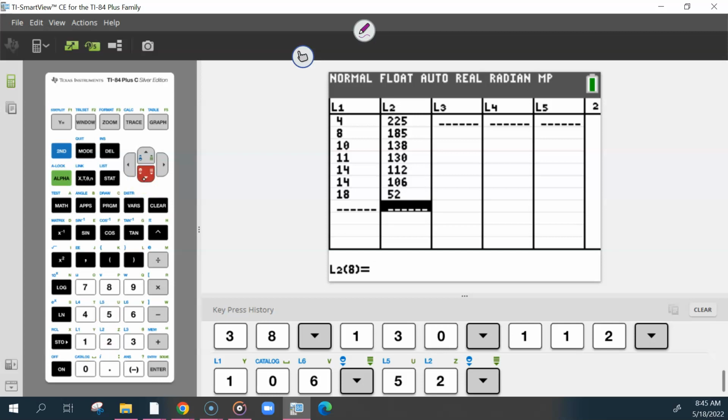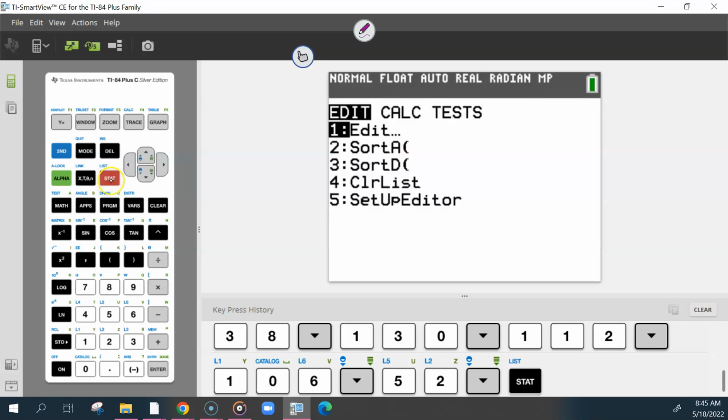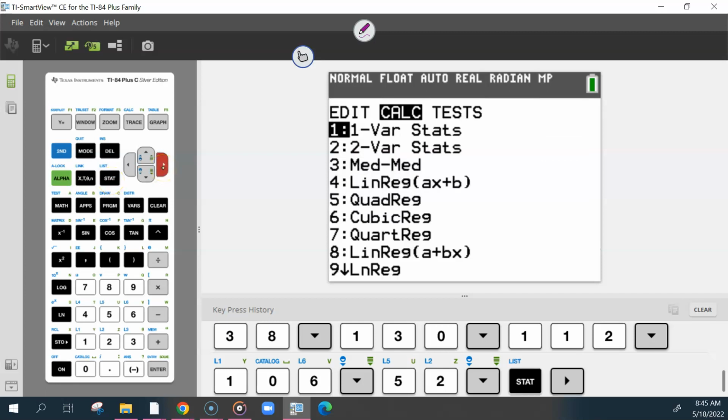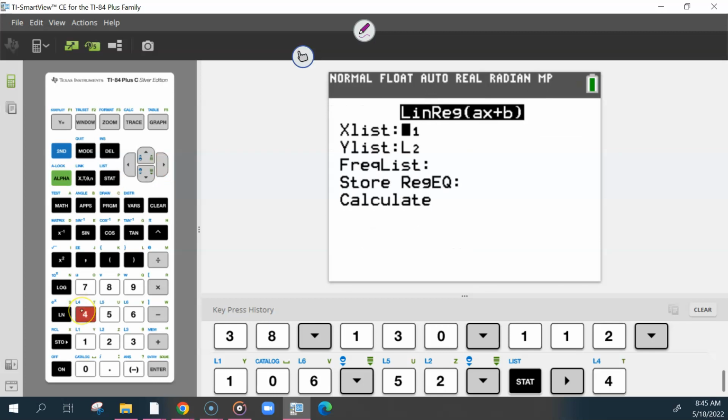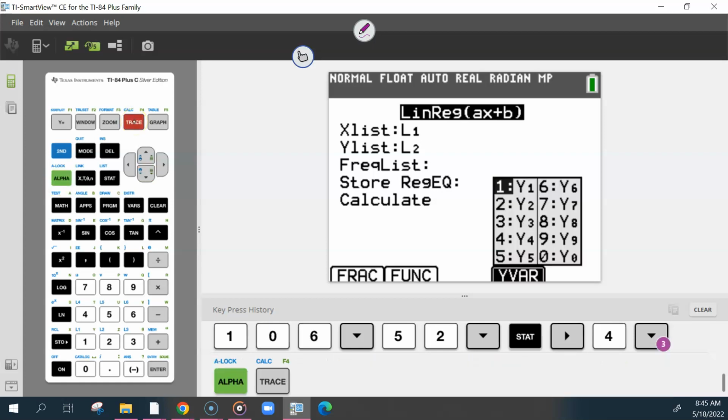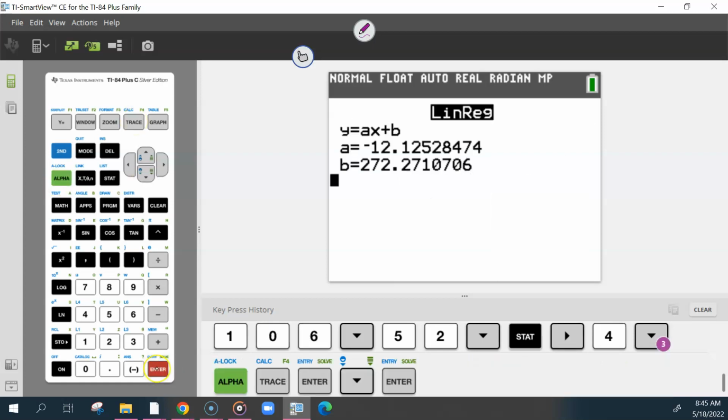Which number is it? You said go to stat, right? Edit. Put in all of your data. Go back into stat. Scroll over to calculate. Look for linear regression number 4. Then, because it's asking for you to put something in, you would need to go into store regression, alpha trace, pick one of those, and then calculate it.